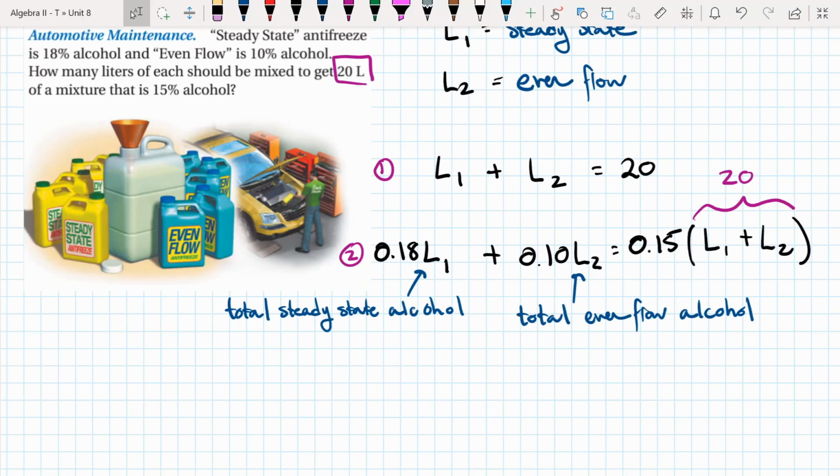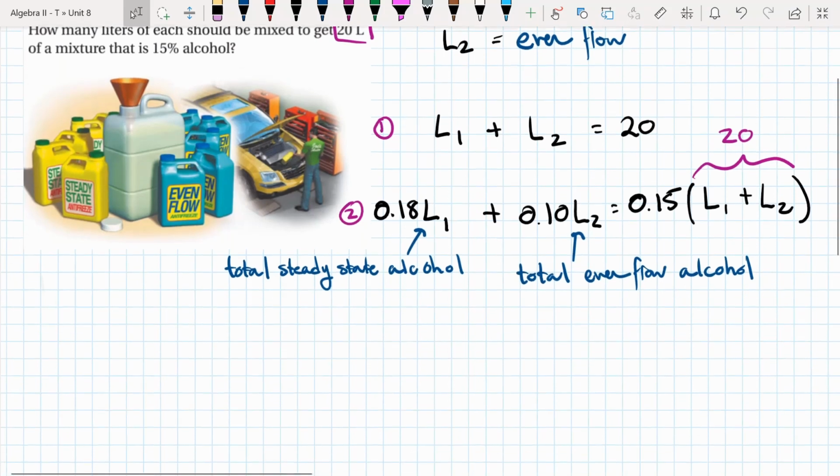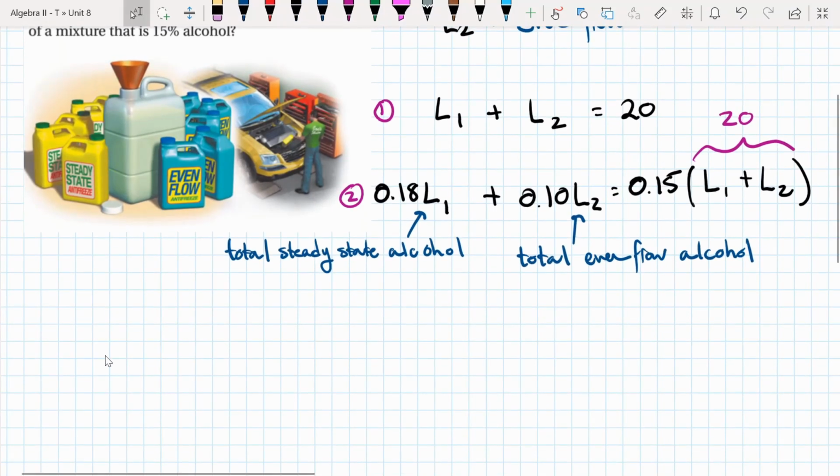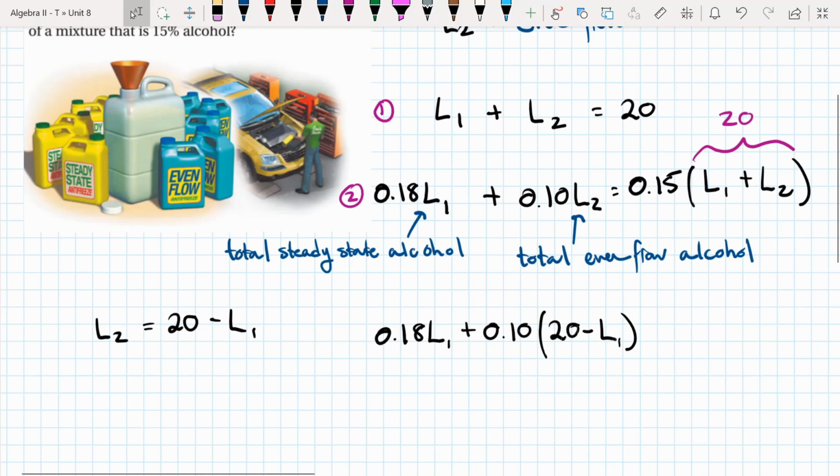Let's do a substitution method. So I'm going to solve the first equation for L2 by subtracting L1. And then we're going to substitute this expression into the second equation for L2. Now let's solve this for L1.